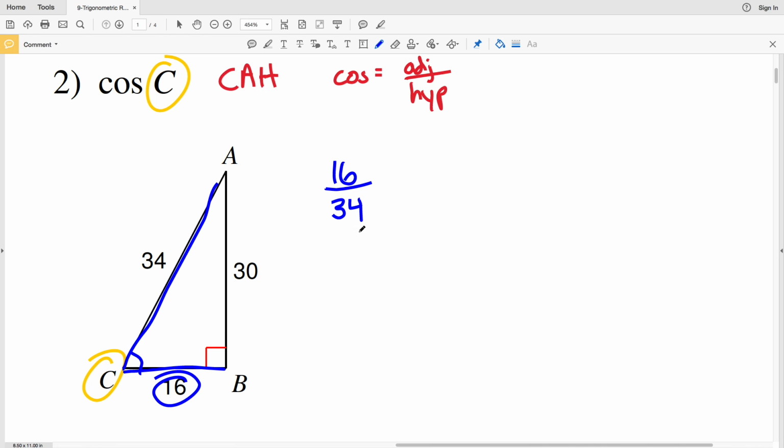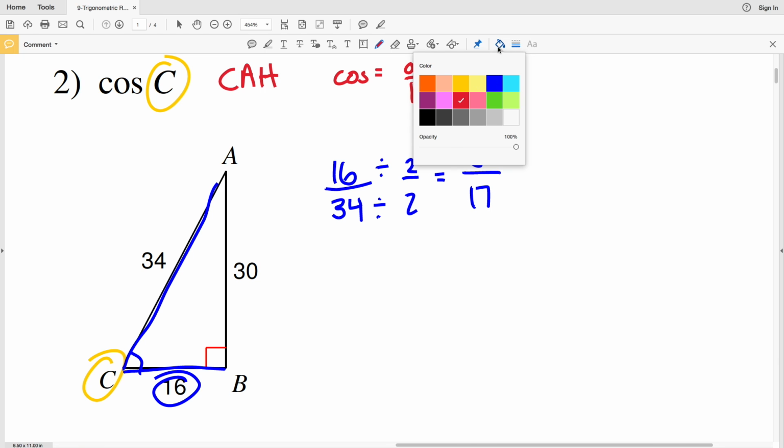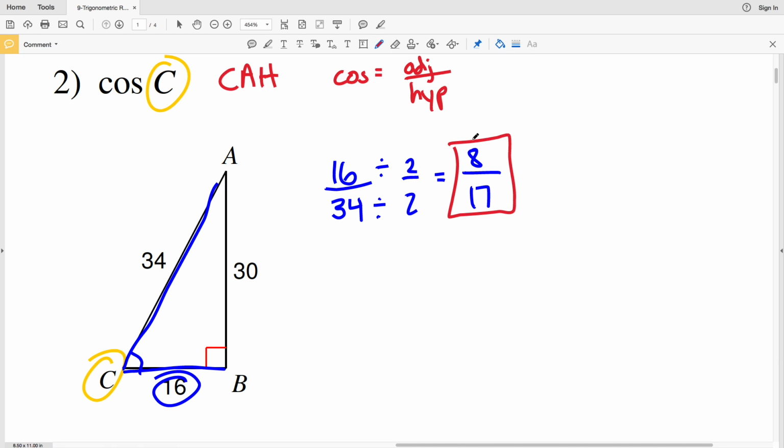Now I can simplify 16 and 34. Both are divisible by 2. So I'll divide by 2 over 2. 16 divided by 2 is 8, and 34 divided by 2 is 17. So 8/17 is the cosine of C in number 2.